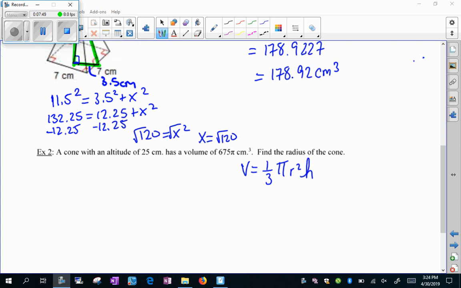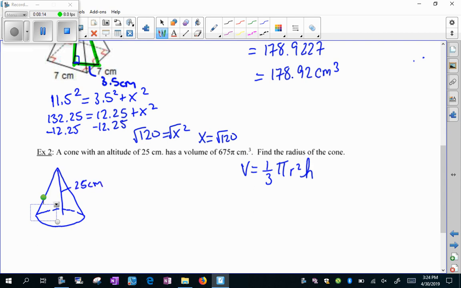All right, so I'm going to draw my cone. All right, not bad. Now I need to drop my altitude. So the altitude there is 25 centimeters.